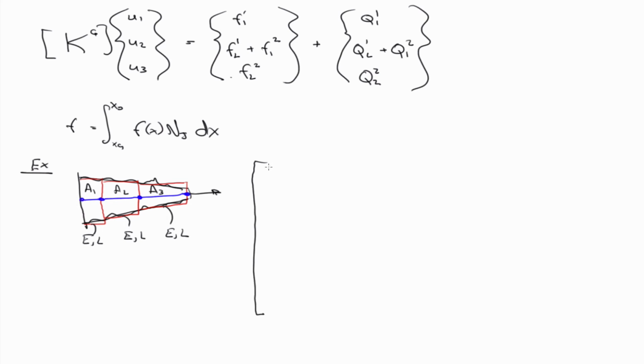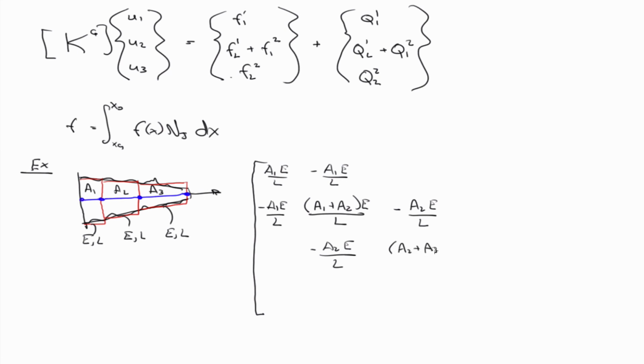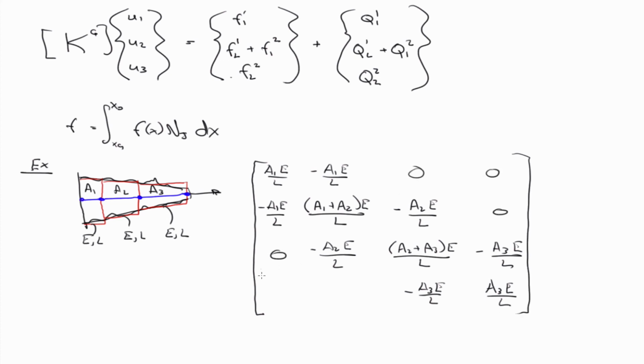right, of course, we have A1E over L, minus A1E over L, minus A1E over L. And then here we'd have A1 plus A2 times E over L, minus A2E over L, minus A2E over L. Here we'd have A2 plus A3 times E over L, minus A3E over L, minus A3E over L. Right, so this will be our global stiffness matrix, which multiplies U1, U2, U3, U4.